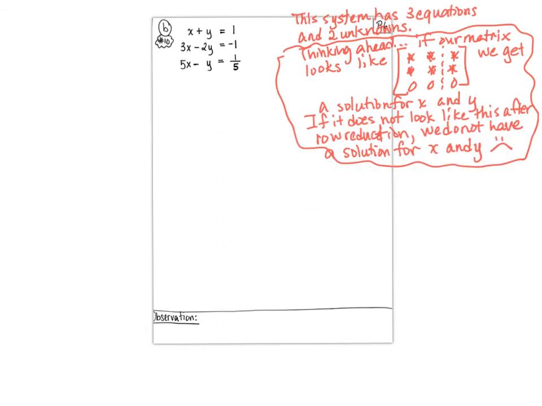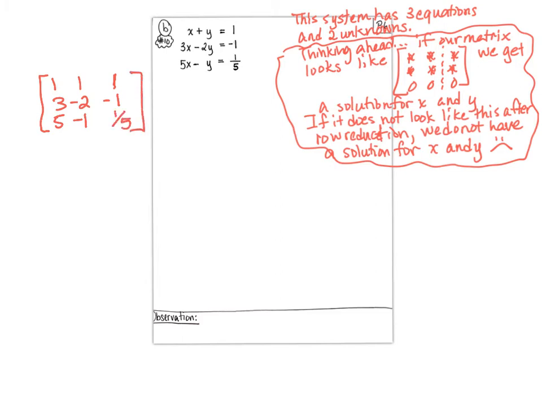All right, so solving this system, let's put our matrix in an augmented form. What is that? 1, 1, 1. Good. Next row. 3, -2, -1. Good. And 5, -1, 1/5.